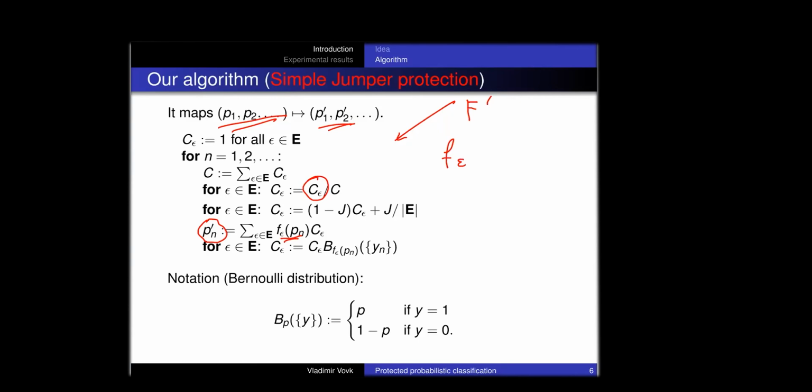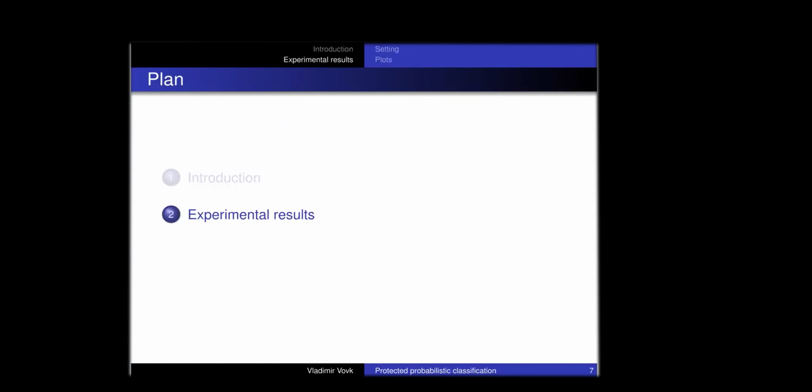It's a weighted average. The weights are c epsilon. Here you're just normalizing your weights, and here you are updating your weights. Okay, so this is what it looks like. I don't have time to go into the details of this algorithm, but I hope you can feel what it's doing. It's just some kind of adaptive calibration.